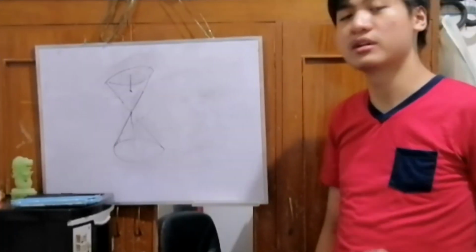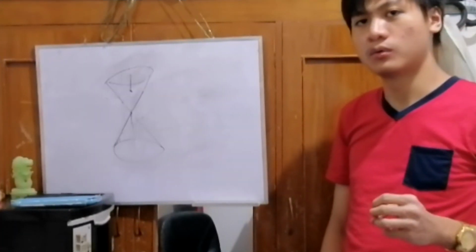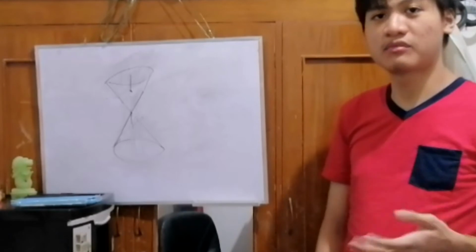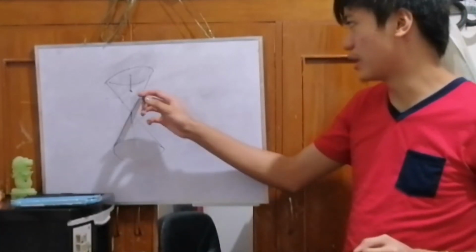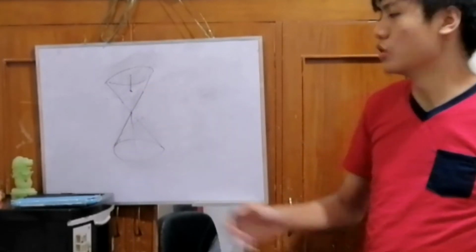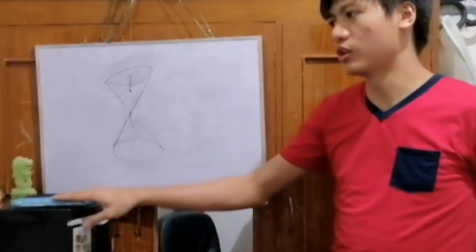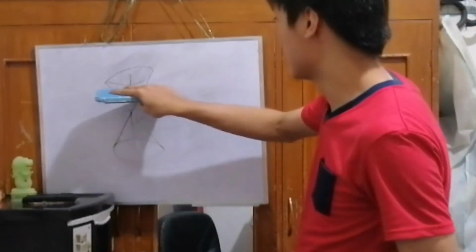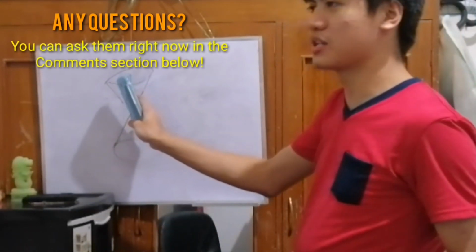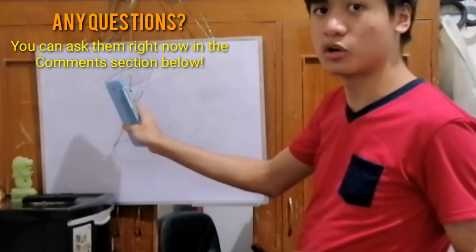Now, how do we form the hyperbola? If the ones a while ago were made by using only one nappe of the cone, with the formation of the hyperbola, we need both of the nappes in order to form it. Now, if the parabola is an open curve, the hyperbola is also an open curve.